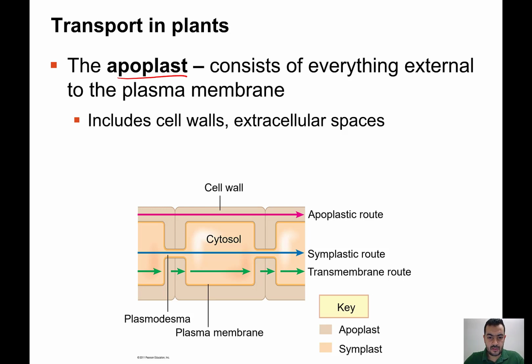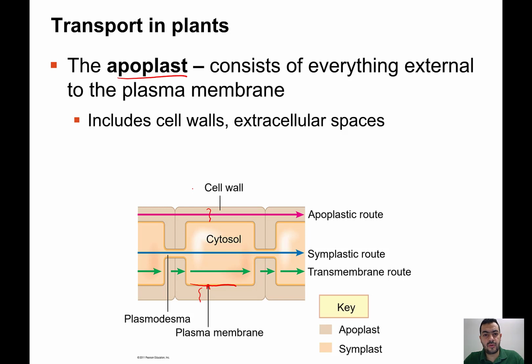As you can see here in this figure, we have the plasma membrane, this orange layer here. Anything outside of the plasma membrane, so these areas shown here in this beige color, are considered the apoplast.